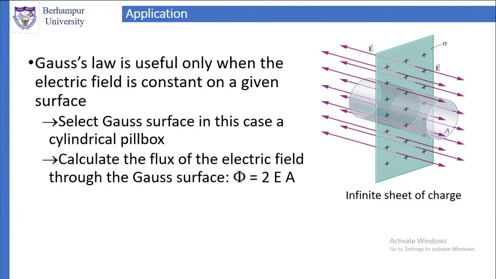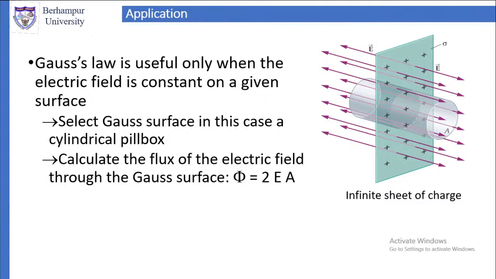In this case it is a cylindrical pillbox which is passing through the infinite sheet. On the curved surface of the pillbox, the normal to the curved surface will always be in the xz plane, so along the x-axis or z-axis.